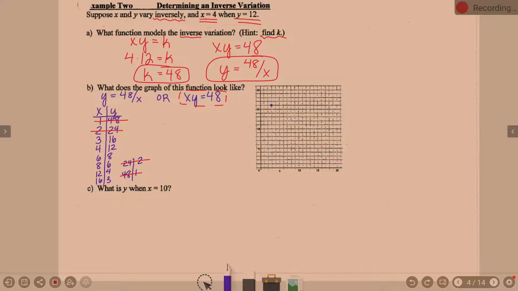Which, if you see those markings, you see 15, you can go 1 past that, right? 4, 12, right 4, up 12. 6, 8, right 6, up 8. 8, 6, right 8, up 6. 12, 4, right 12, up 4. 16, 3, right 16, up 3. Can you see if we did the 24s and the 48s, how they continue the pattern?